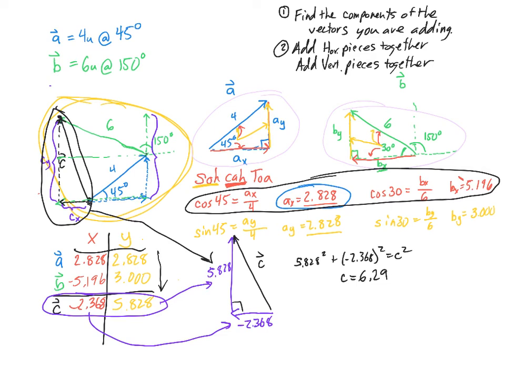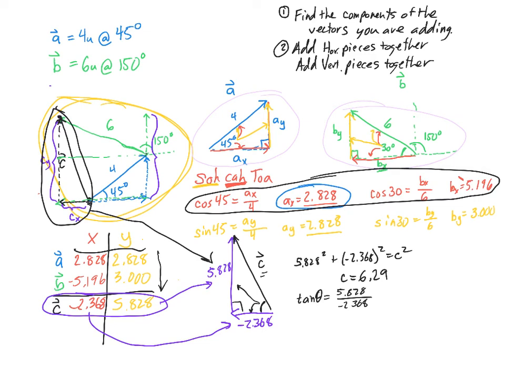So I'm going to try to find that using my trig, right? So I can find this angle right here using tangent, right? I have the adjacent and I have the opposite. I also have the hypotenuse too. You could use sine or cosine if you want. I'm going to go ahead and use tangent. Tangent of this angle is equal to the opposite, 5.828, divided by negative 2.368.